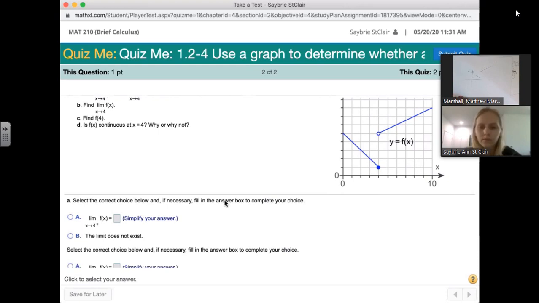So this says 4, so that means 4 is, like I keep saying, almost an imaginary line going through 4 on the x-axis. Like this is your limit. That's your 4 number right there. So that first one, when you see that little symbol x, little arrow, 4, and then a little minus up there by that 4, that means you're approaching this graph from the left, from this side, like this.